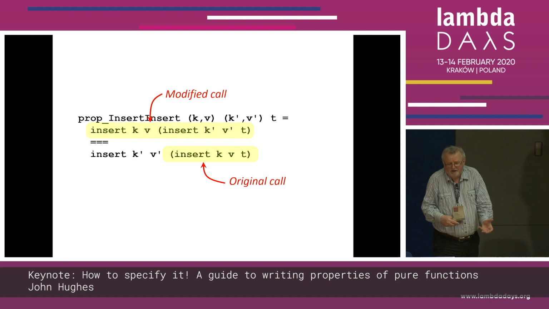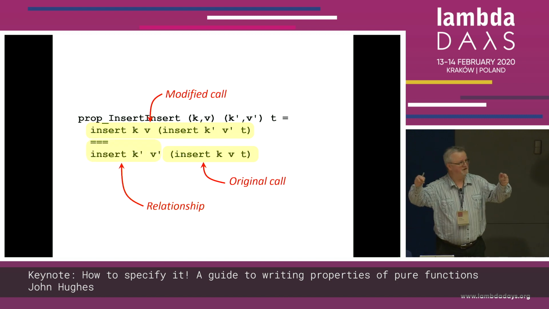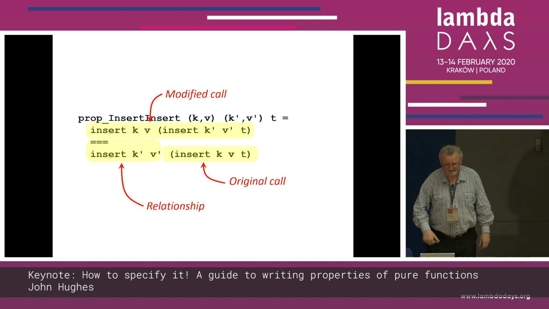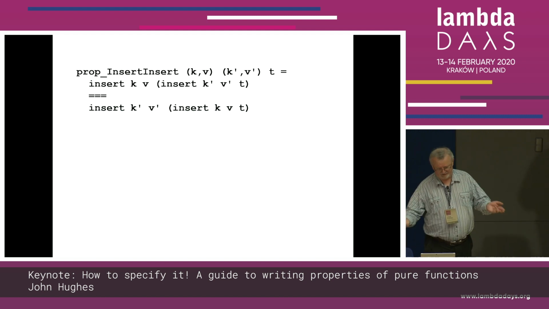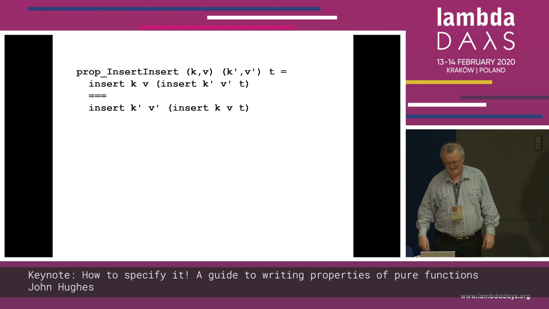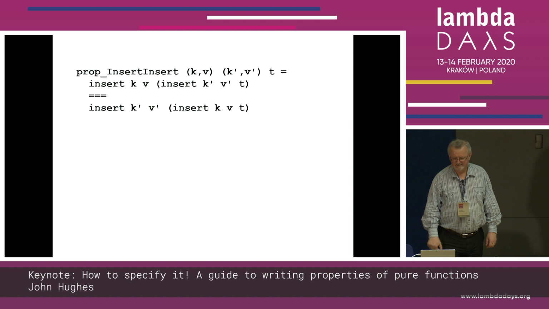I could write a property that tests something as simple as the upper tree is bigger than the lower one. That would still be useful. But here, I'm going to say that actually I can get the upper tree by repeating the insertion of the other key and value into the other call. Okay, so here we are. Here's my first metamorphic property.